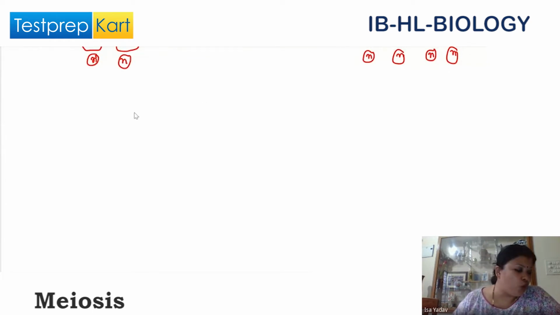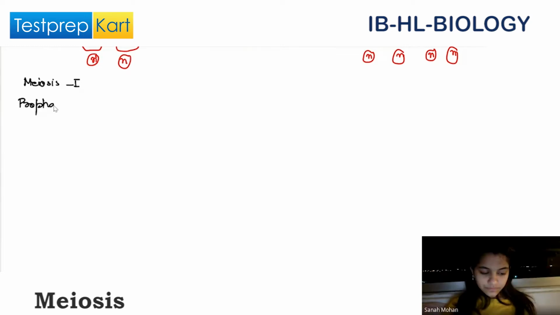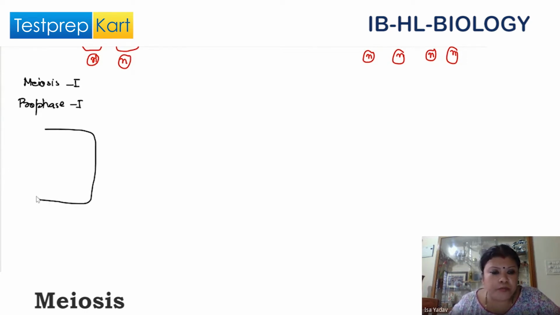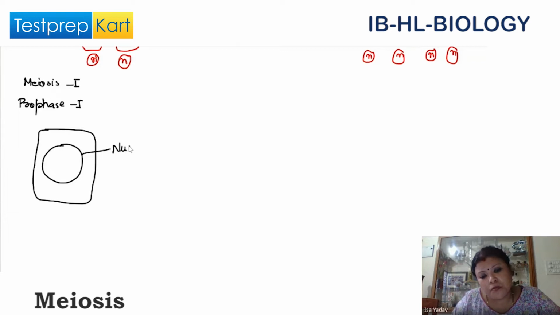Okay. So let us see meiosis 1. The first stage is prophase 1. In prophase 1, this is the nucleus, and the nucleus is retained.